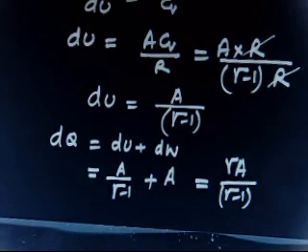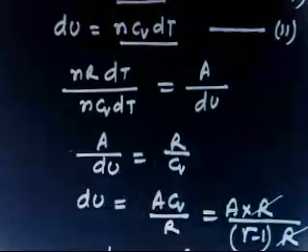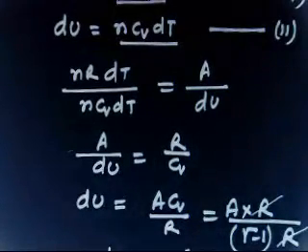So from the ideal gas equation and the name of the process, you eliminate some variable and express work done in terms of dT, and then you divide these two equations, and you will get dU as a function of Cv, R and work done A. You can do the same kind of questioning in other processes also. The only thing is you have to differentiate the given equation and apply the condition of the process. We'll discuss the next problem.